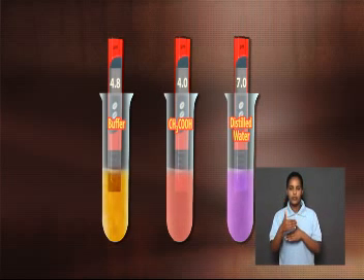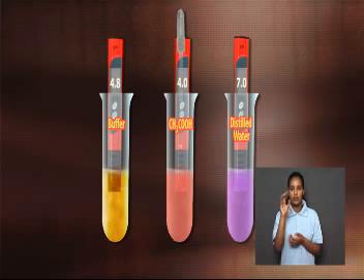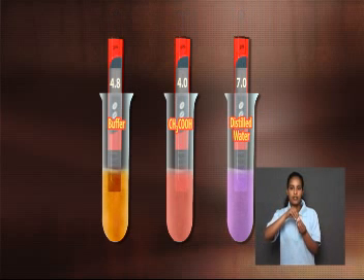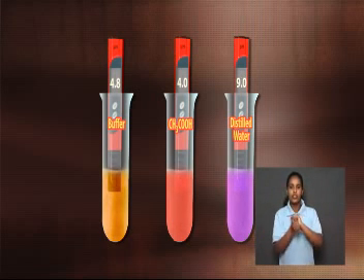Next, 5 milliliters of 0.010 moles per liter of sodium hydroxide are added to each test tube. The pH is estimated again at this point, and any changes are recorded.